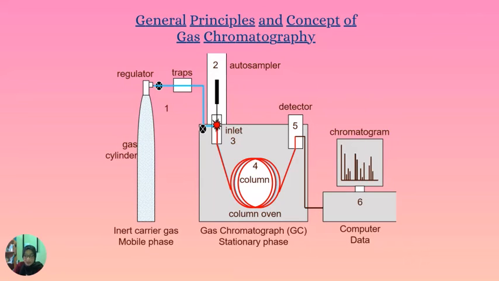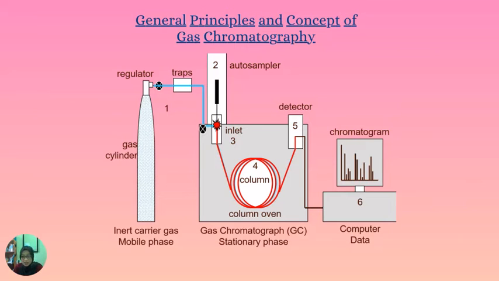Once the separation is done, the detection is done by the detector attached at the end of the column as shown as number 5 in the figure. There are two types of column, which are packed column and capillary column. The column is placed in a chamber, or in the figure an oven, to maintain a uniform temperature.